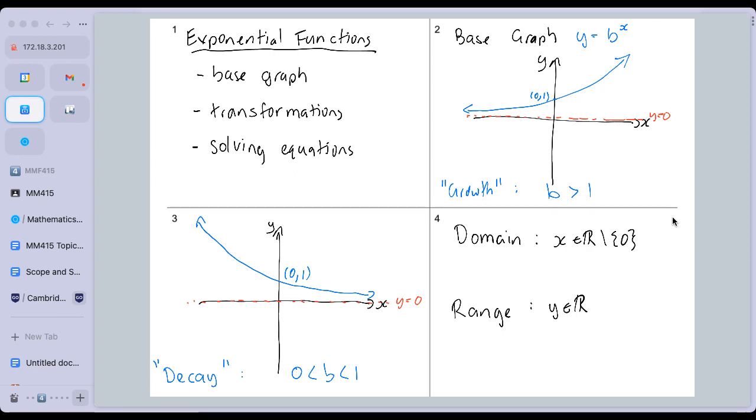So, what we don't tend to do is talk about the domain and range. I've got it written down there for you already. The domain of the base graph is x could be any real number at all. And y could be, oh, that's not right, is it? Someone tell me what that should be.